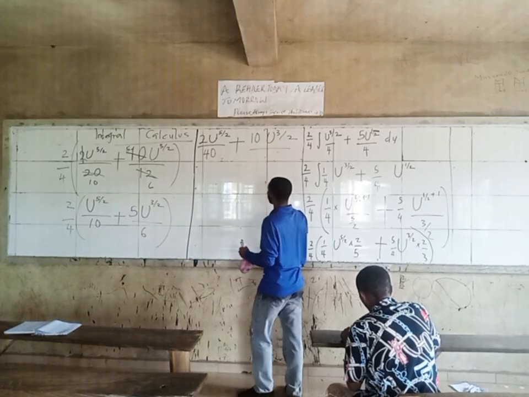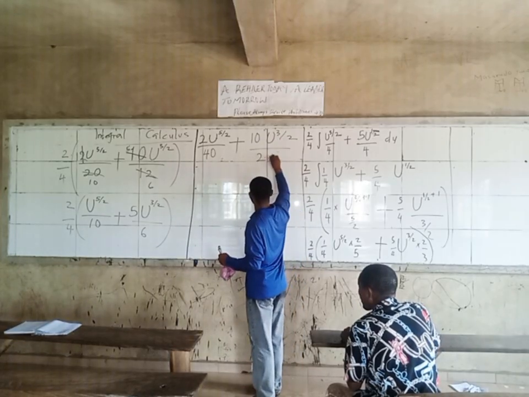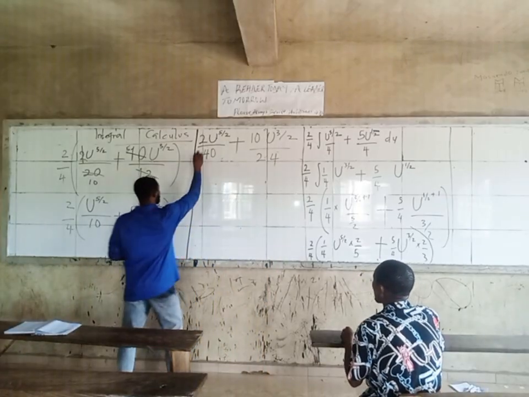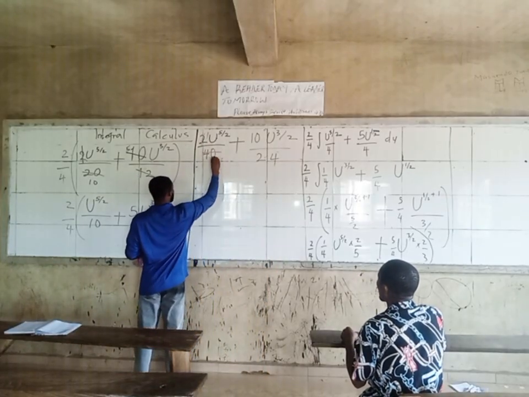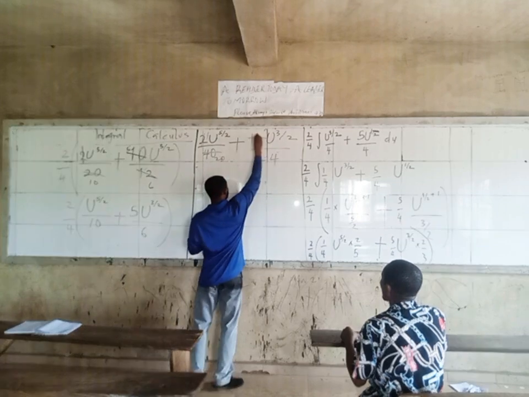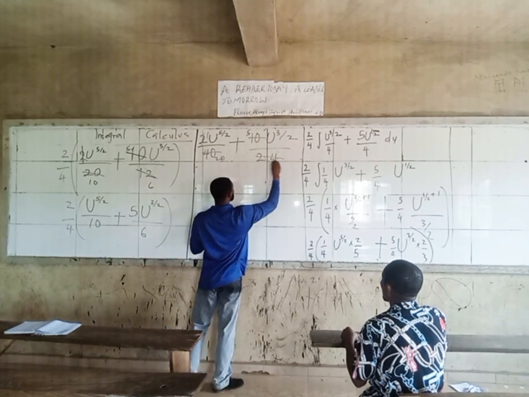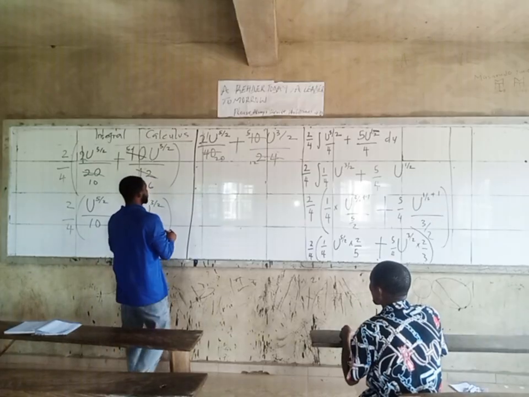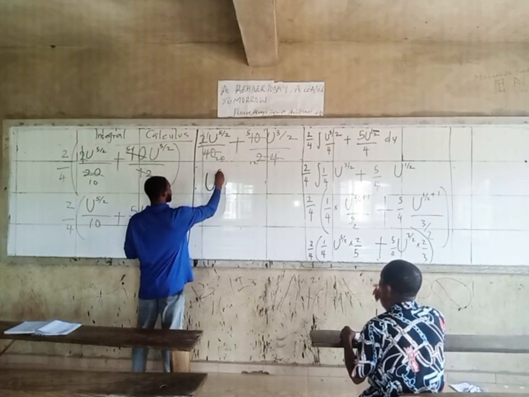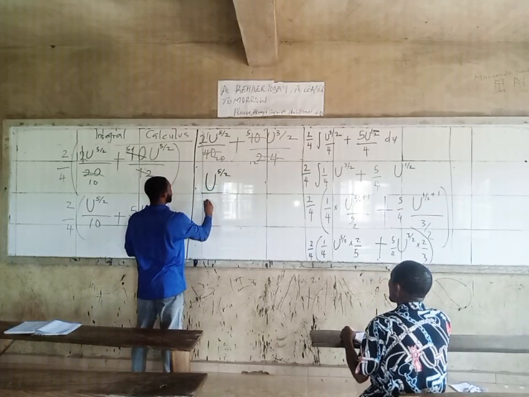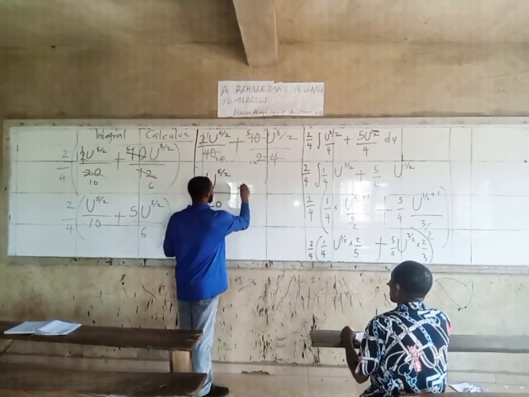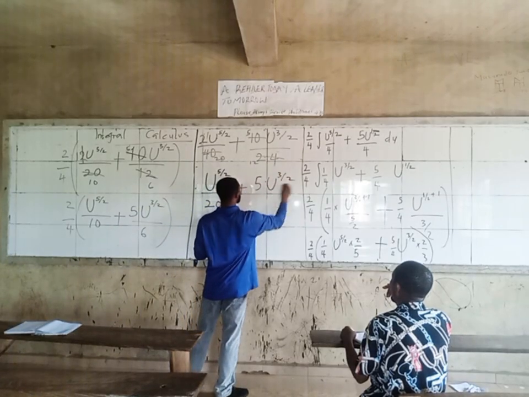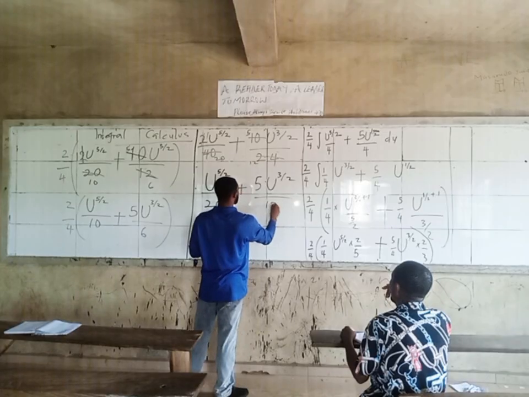Then 4 times 6 is 24. So by the time you do it, something can still work here. 2 here 1, 2 here 20, 2 here 5, 2 here 12. So this can be set as saying u^(5/2) all over 20 plus 5u raised to the power 3/2 all over 12.